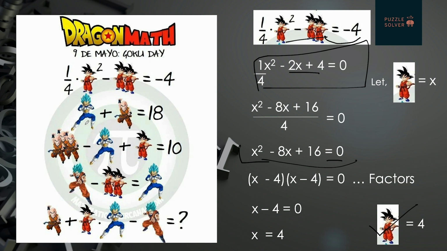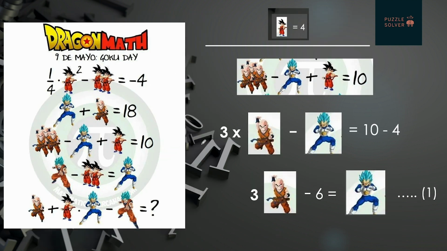Now considering our second equation. In the second equation we have two cartoon characters, Vegeta and Krillin, whose sum is equal to 18. And friends, we don't have any value for these characters. So directly jumping into our third equation. In the third equation we have 3 Krillins minus Vegeta plus 1 Gohan is equal to 10.